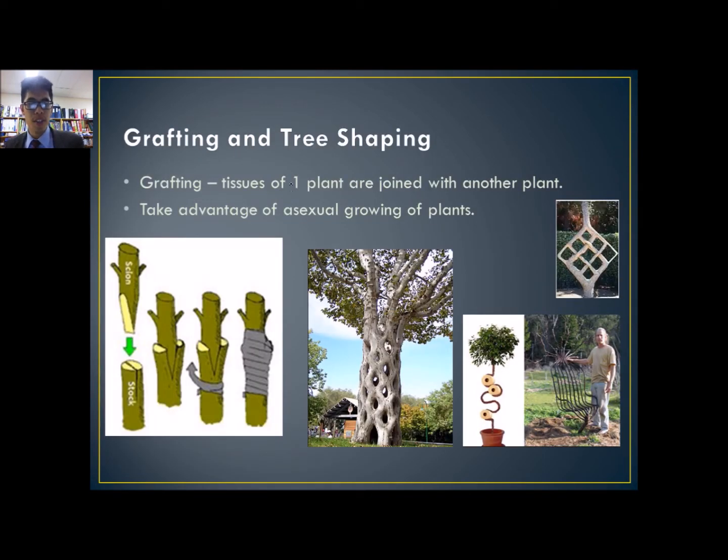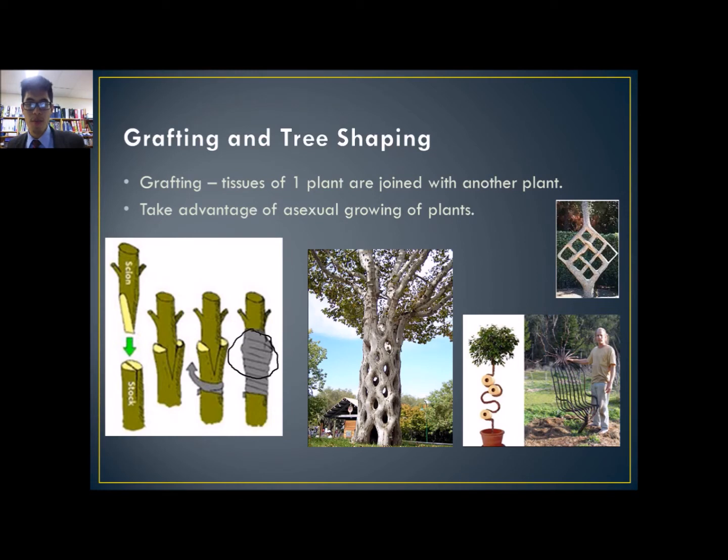Now just a note, there's something called grafting and tree shaping. Grafting is where you put two tissues of different plants together, and you join them together and they can grow. The advantage of this is taken advantage of in asexual growing of plants.